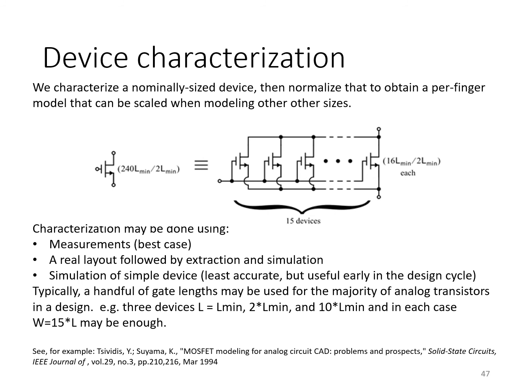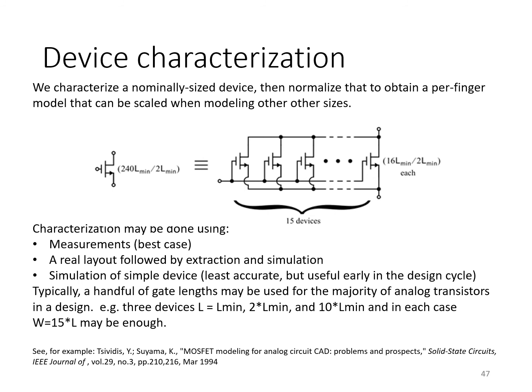So the way this would typically be done would be to characterize a nominally sized device, and then that may comprise many fingers, and then normalize the parameter values appropriately to obtain a per finger model that can be scaled for modeling transistors of any size.